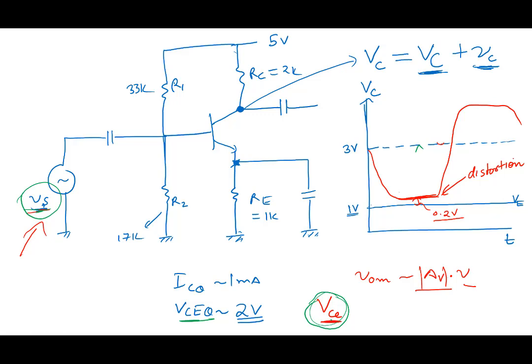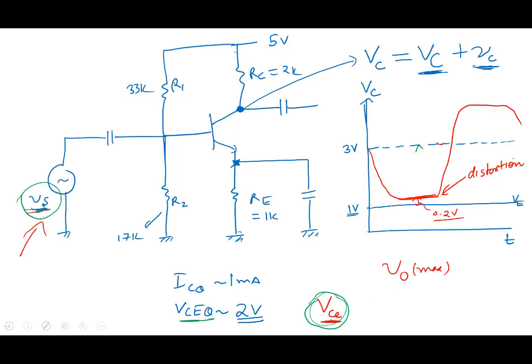So, is this telling you that there's an upper limit of output voltage that I can get? My V0 maximum output voltage that I can get before clipping occurs is what? To avoid clipping, V0 max has to be less than or equal to what?